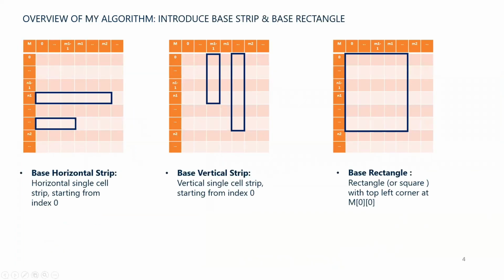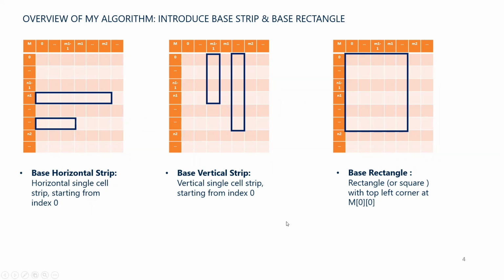Then this is an overview of my algorithm. Firstly, I'll introduce the base strip and the base rectangle. I'll use these concepts to help build my algorithm. A base horizontal strip is a horizontal single cell strip starting from index 0, like this.